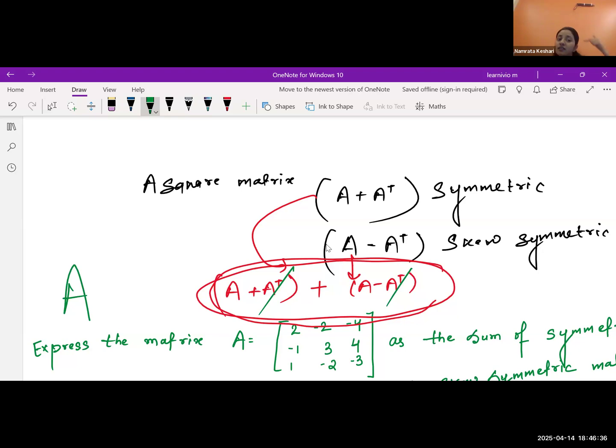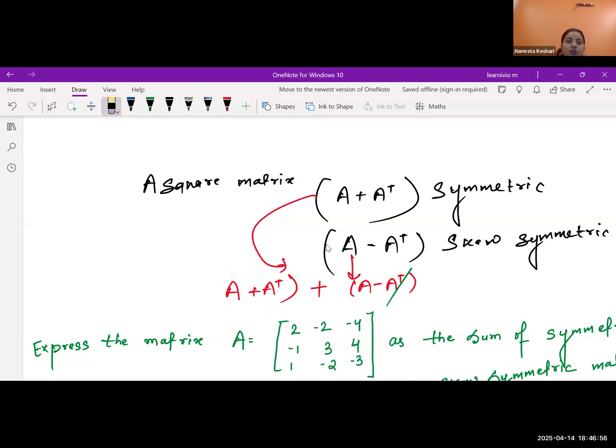Because in the next question it is saying to make A equal to the sum of a symmetric and a skew symmetric matrix. So if here we manage to take out just A, then the same thing we can do in the next question, right? Yes, ma'am. So rather than taking just A plus A transpose and A minus A transpose, from now onward we can take 1 by 2, a scalar, we are just multiplying.